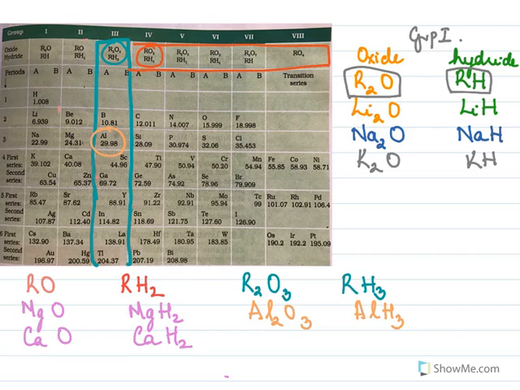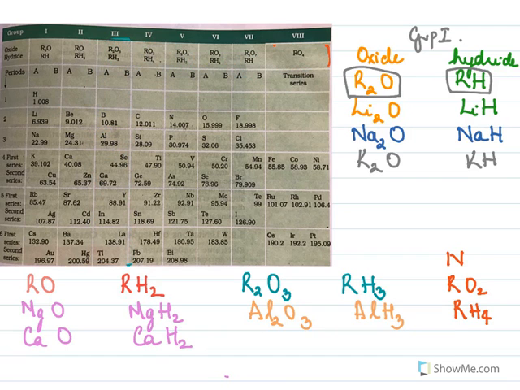In group 4, the oxide was RO2, hydride was RH4. Then in group 5, group 6, this was the formula of oxides and hydride. Group 7, formula of the oxide and hydride. And just like the modern table, Mendeleev's table also had periods and groups.